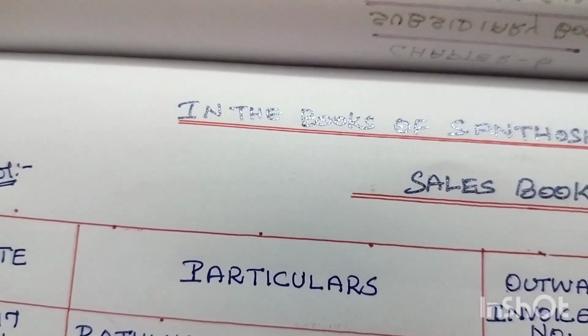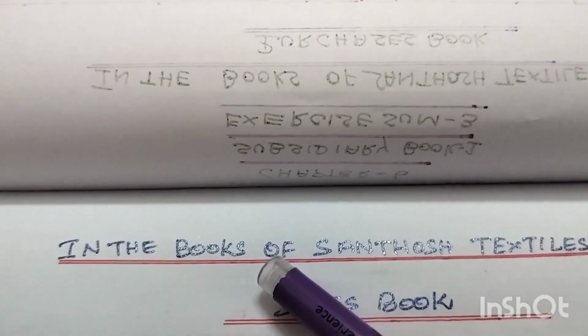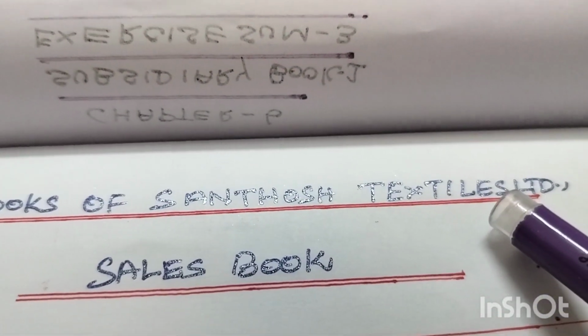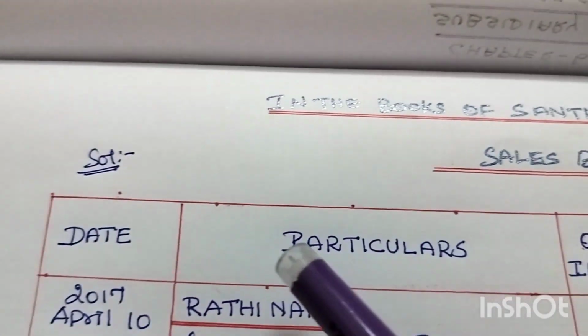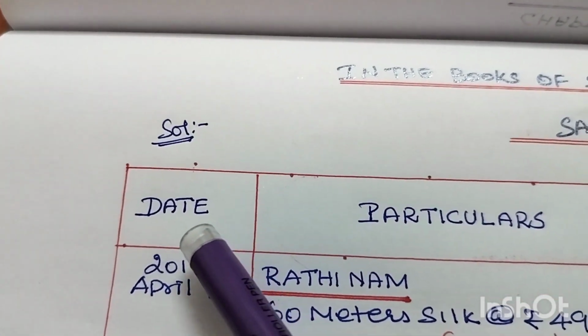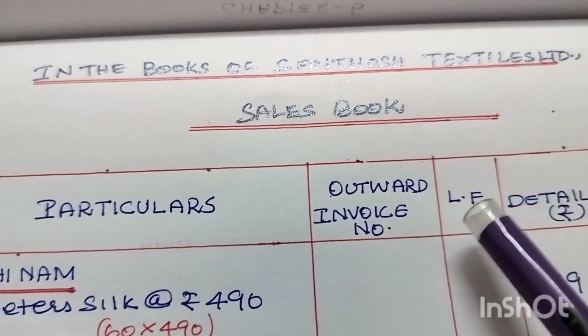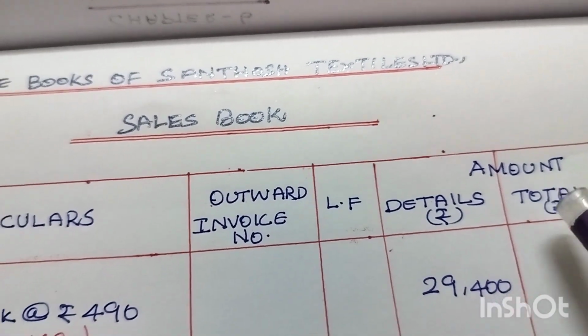Before we enter this transaction, we need to prepare the title of the sales book, that is in the books of Santosh Textiles Limited, sales book. The format of the sales book is date, particulars, outward invoice number, LF, amount, details rupees and total rupees.